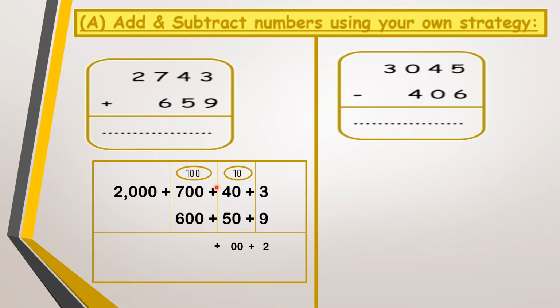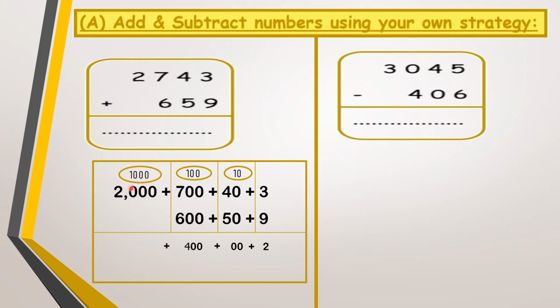Okay? So 100 plus 700 is 800. 800 plus 600, I will put 8 on my finger and 6 in my mind. After 8: 9, 10, 11, 12, 13, 14. So I will put 400 only because this is the place of 100, and carry up the 1000 with the thousands.